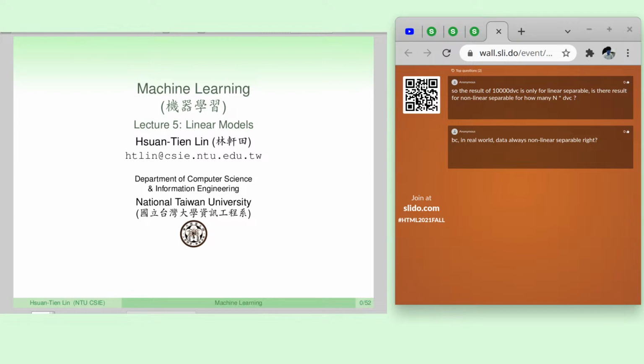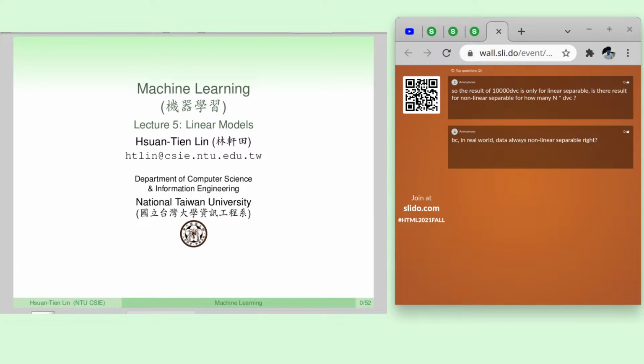That's for sure. And in the future, we'll see whether we actually insist on separability, or we just throw the whole concept away and say that maybe there are a few points that are just noise, and we don't need to separate everything perfectly. That's something we will talk about in future classes.